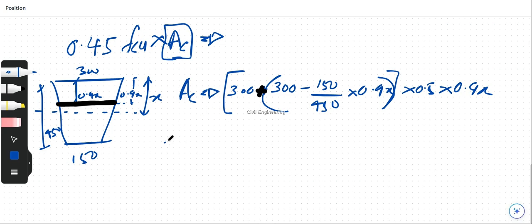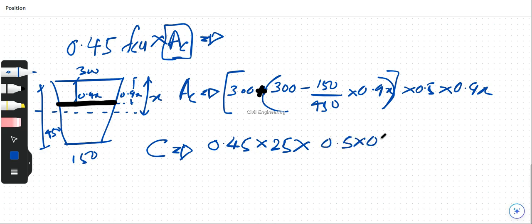To find the compressive strength, we have to solve this as 0.45 into 25 into 0.5 into 0.9x into here 600 minus 0.3x.